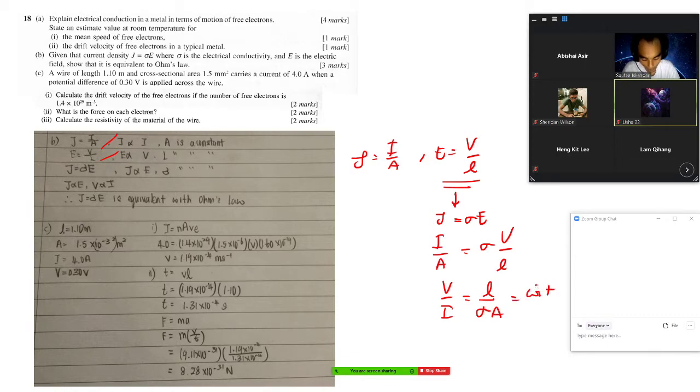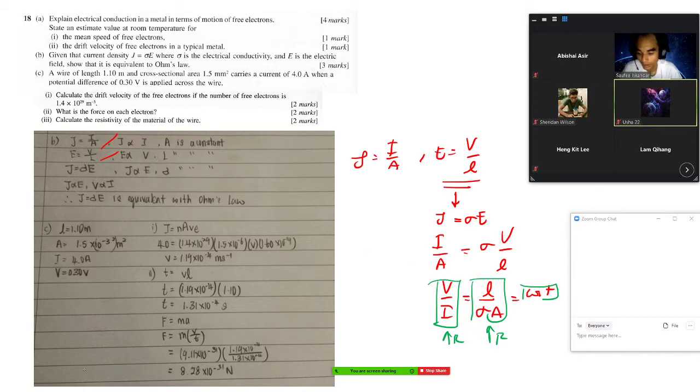So it's a proof that it is equivalent to Ohm's law. The whole thing over here is R, constant.